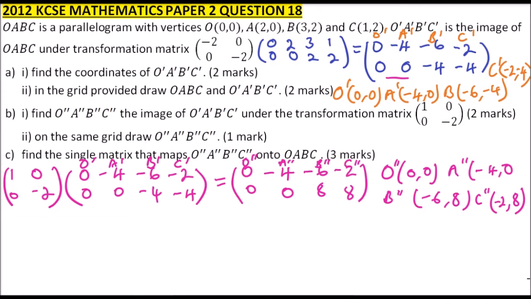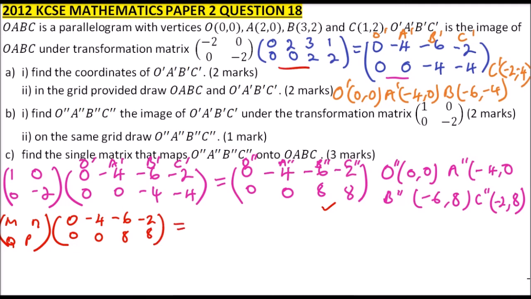So for us to get that, let's name our matrix as M, N, Q, P. If we multiply that matrix by the matrix of OABC double prime, that is 0, 0, minus 4, 0, minus 6, 8, and minus 2, 8, it should give us the matrix of our object, which is 0, 0, 2, 0, 3, 2, and 1, 2.